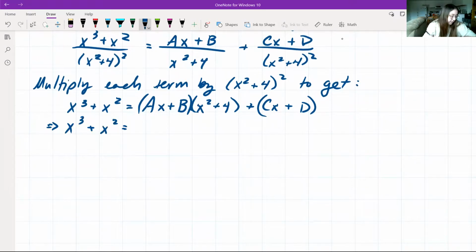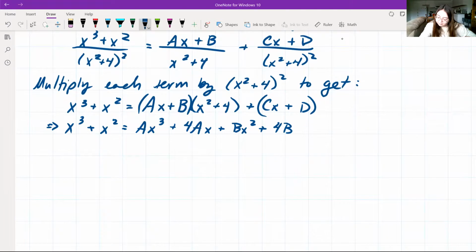So by expanding this gives us ax to the power of 3 plus 4ax plus bx squared plus 4b plus cx plus d. And now we'll collect our terms.